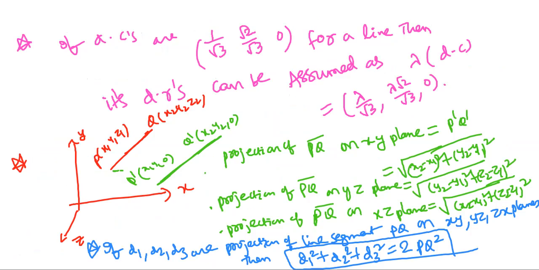As soon as we know what DCs are and what DRs are: DC is basically, given a vector, any vector parallel to this vector. Suppose this is A bar. You write this as lambda A bar, and the unit vector is A bar by mod A bar. The same analogy applies to 3D also.